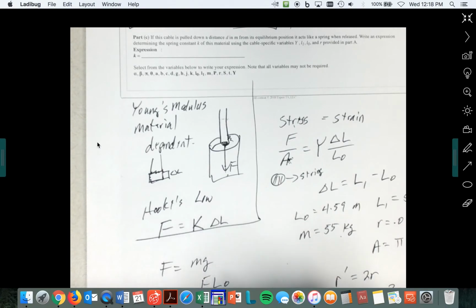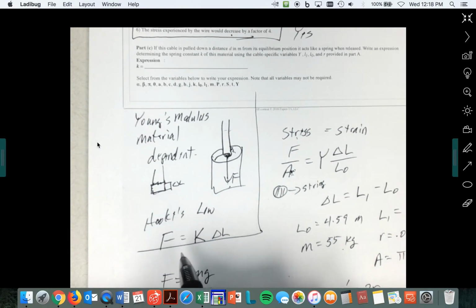And then by Hooke's law, F, which is equal to mg, equals k times delta L, so we're going to use Young's modulus. So is there a way to find delta L using Young's modulus, which is this L1 minus L2, to get it by itself?